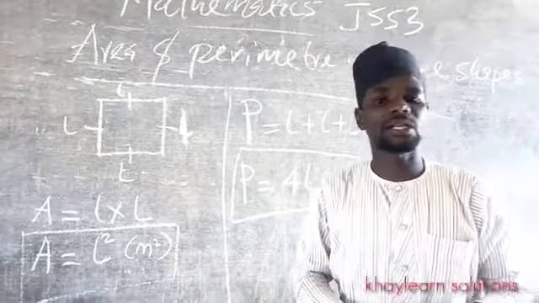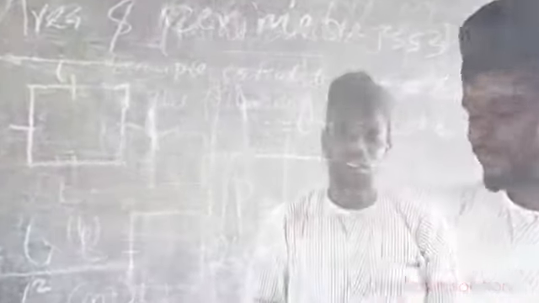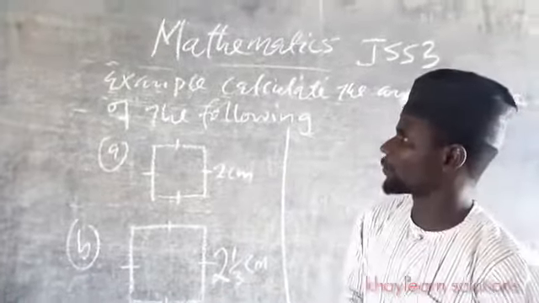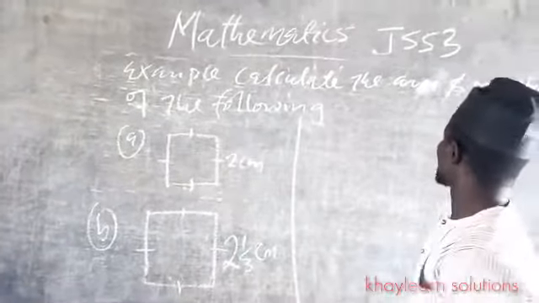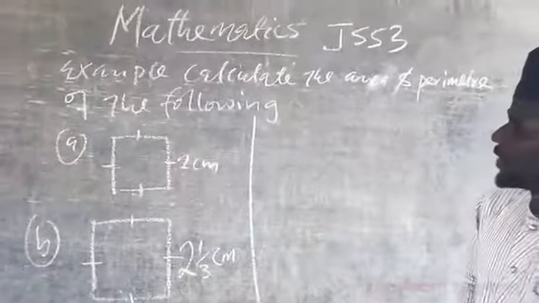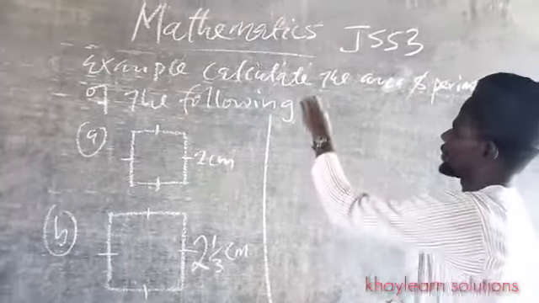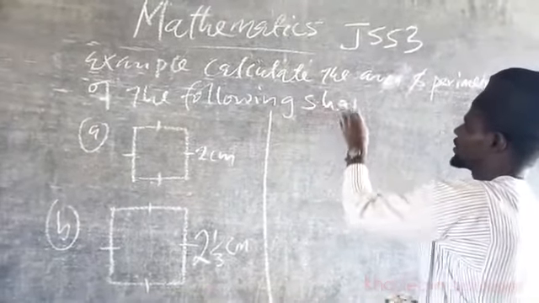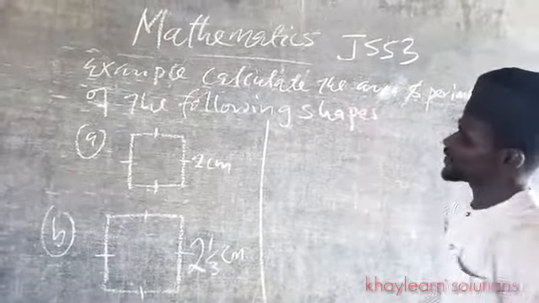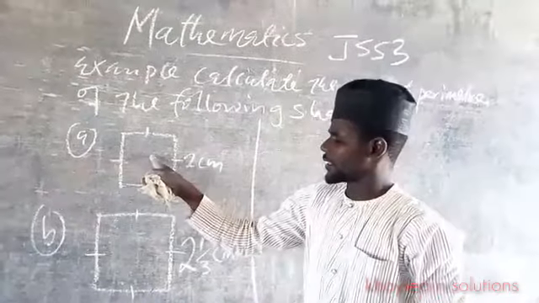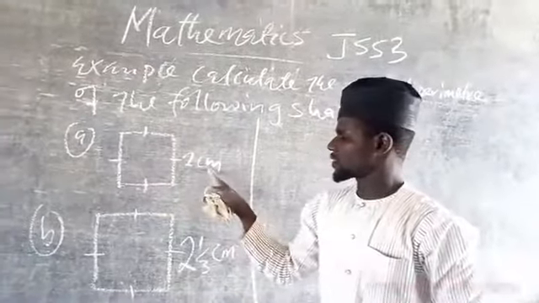So let's see how we can solve one example. Looking at the board here, we have the first example, which says: calculate the area and perimeter of the following shapes. The first one is this, which has length 2 centimeters.